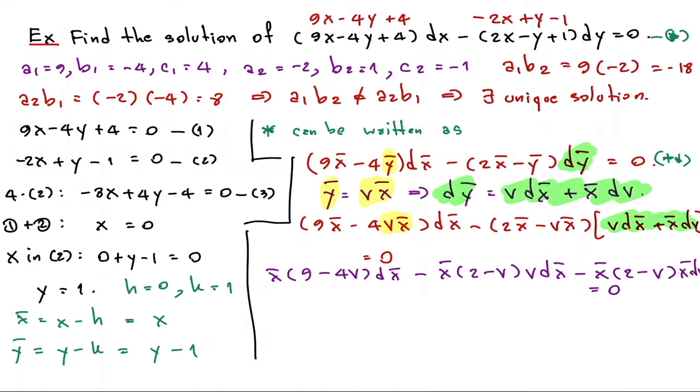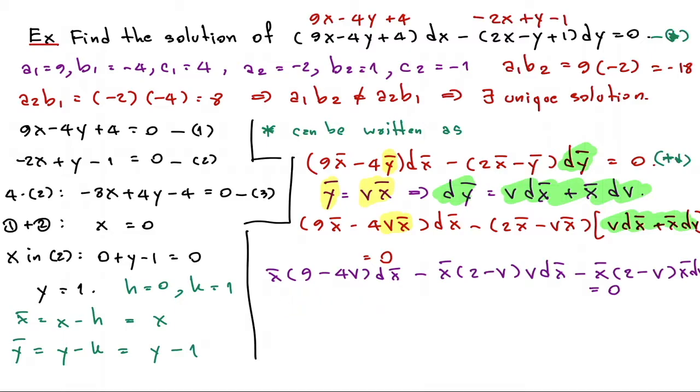Okay. And then for the x bar, I have x bar 9 minus 4v minus x bar minus 2 plus v. How about I write it like that? Minus 2 minus v. Oops. Sorry, I can't really do that.